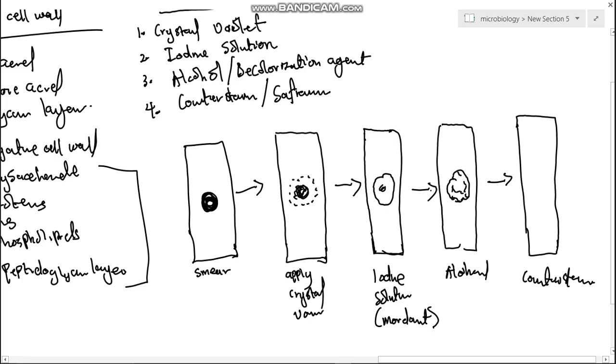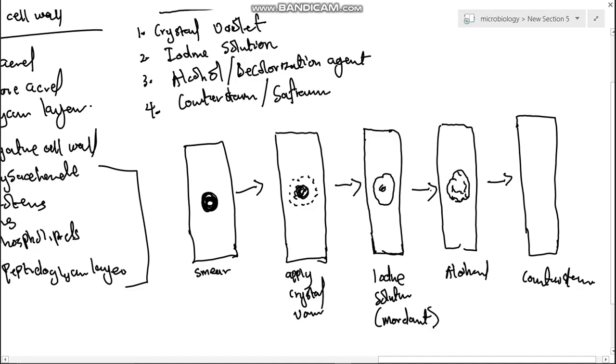And this complex is much more readily absorbed, or retained, by the cell wall of the bacteria.